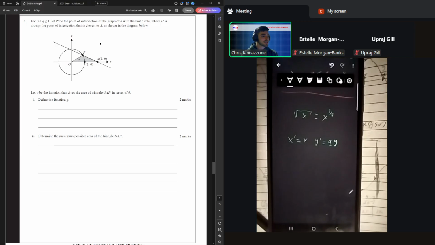You're going to need the height of this triangle at some point, and the height of the triangle is definitely going to be given by the y value of p dash. As the line is being shifted around, the height of that triangle is going to be whatever the y value of p dash is. And p dash exists on the unit circle. So we've got to think of a way to make a generalized point, p dash, purely in terms of theta.